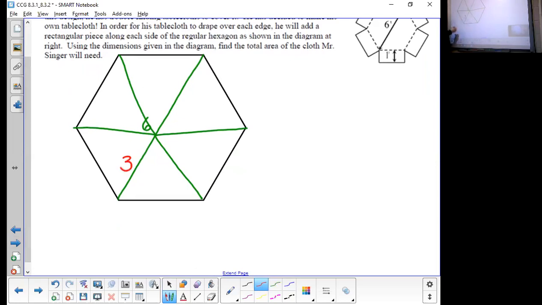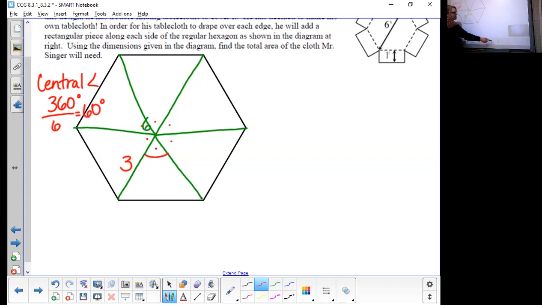Okay, so this is going to be 3. The first step in finding the area of your regular polygon is to find the central angle. So my central angle is going to be 360 degrees divided by the number of triangles that I have. How many triangles do I have? 6. So that means it's going to be 60 degrees here.